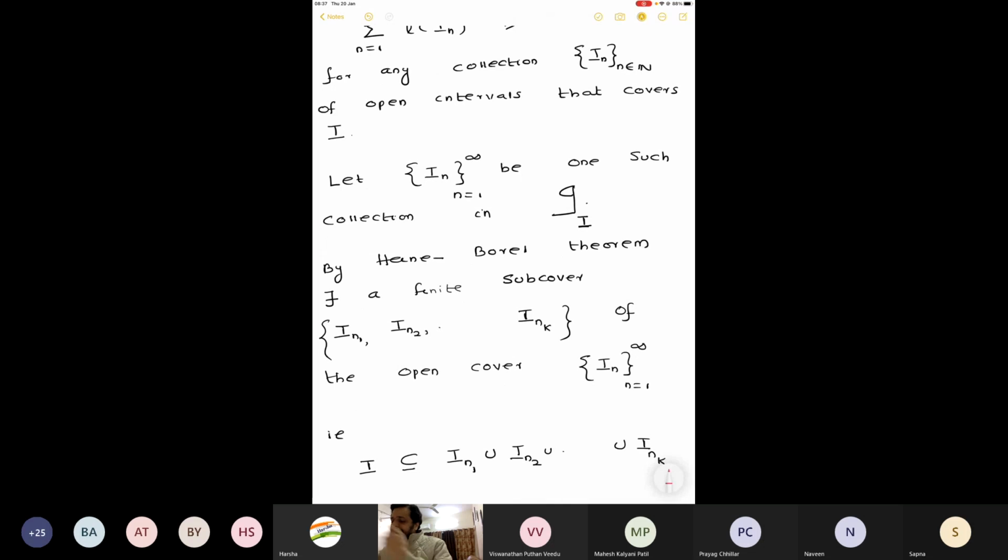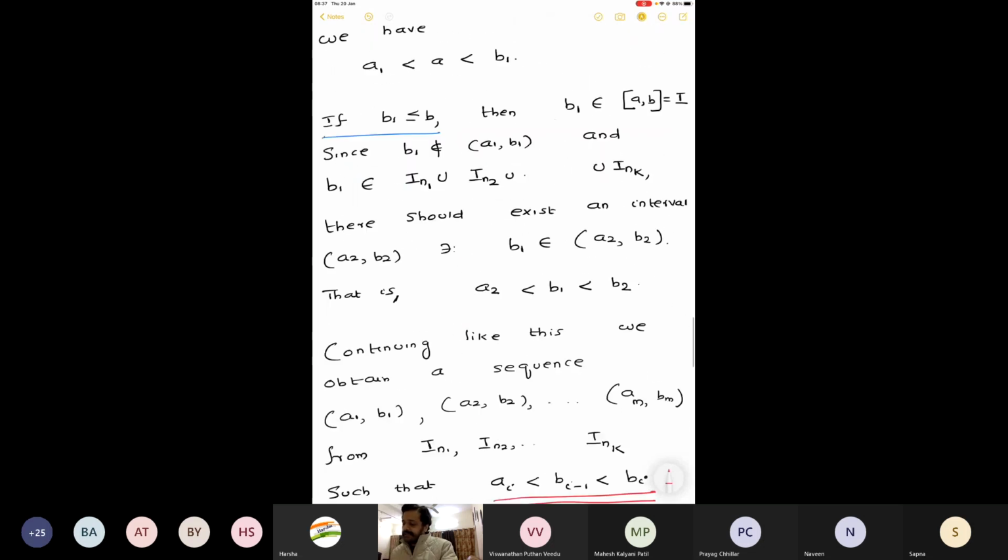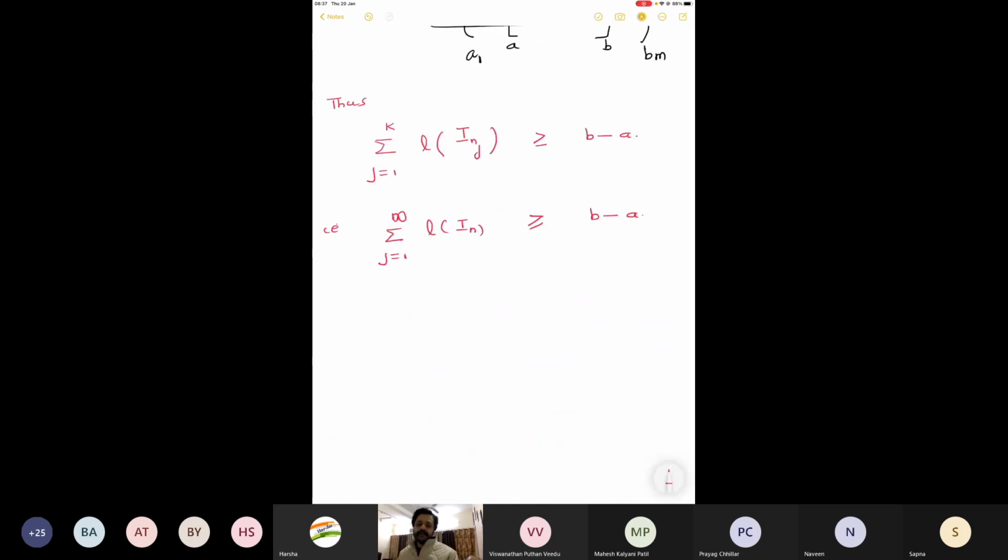So you take any such collection in I_A, I am getting this summation to be greater than or equal to B minus A. This is true for any arbitrary but fixed collection I_n of open intervals covering E.